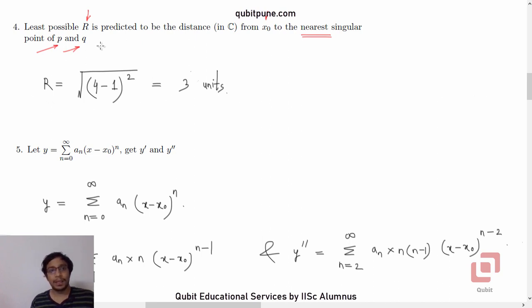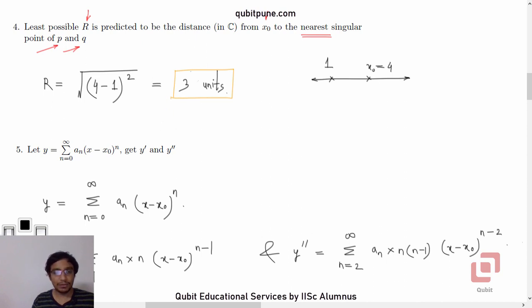So the least possible radius of convergence is going to be the distance between x0, which is 4, and the nearest singular point, 1. So the radius of convergence is 3. This means our solution will be valid in the region mod of x minus 4 less than 3, or when x lies between 7 and 1.